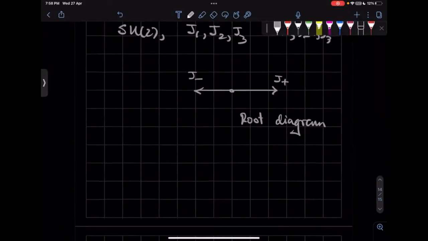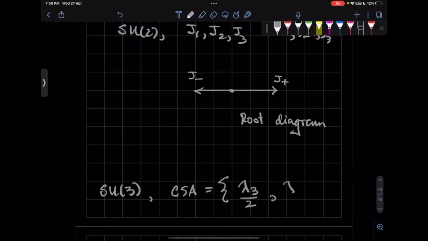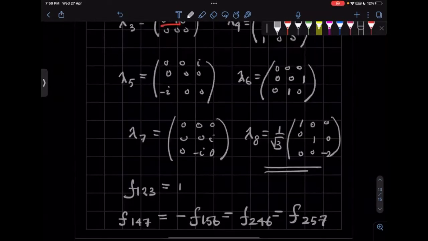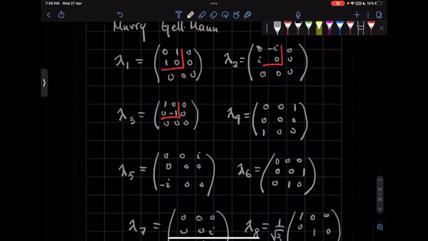So for SU(3), we have 8 generators, and our Cartan subalgebra is two-dimensional, right? We take lambda 3 over 2 and lambda 8 over 2 to be the Cartan subalgebra. Both being diagonal matrices, they commute.